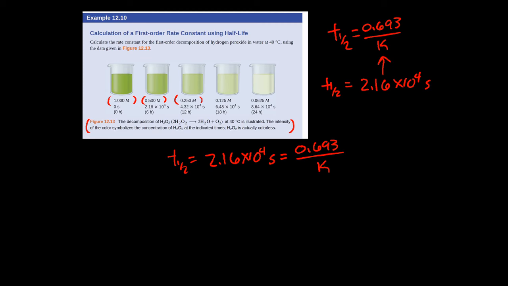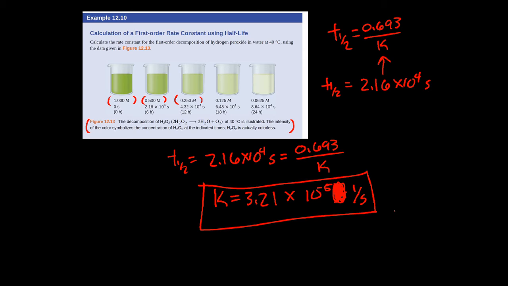And let's see, what do we get with that? We get k is 3.21, we'll say, with the sig figs there, times 10 to the -5 per second. Sorry, that looks like -51. Let me redo that. So 10 to the -5, 1 over seconds.